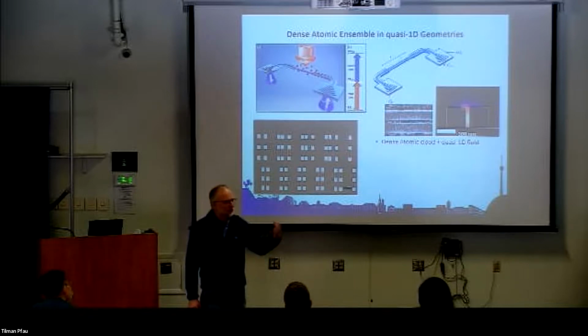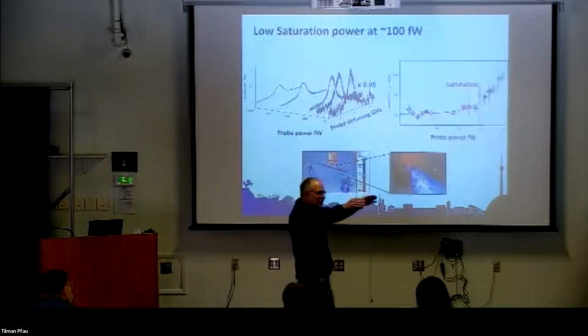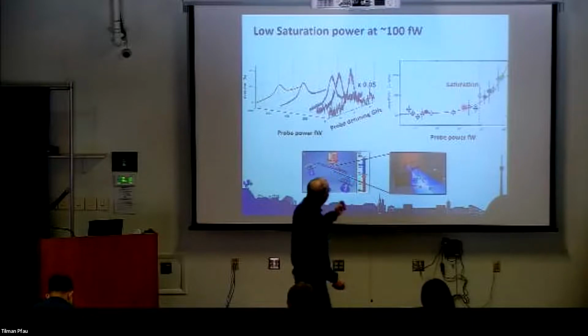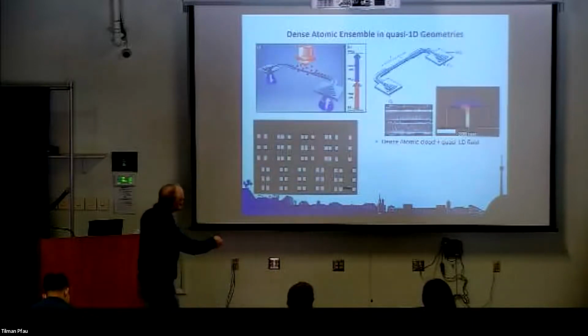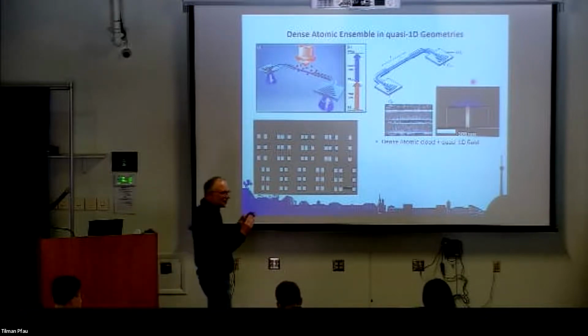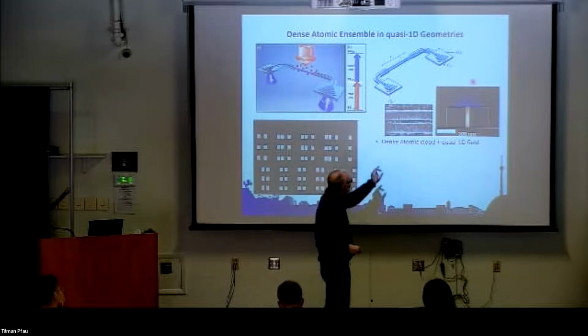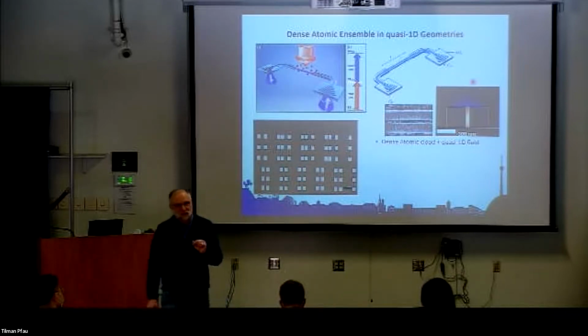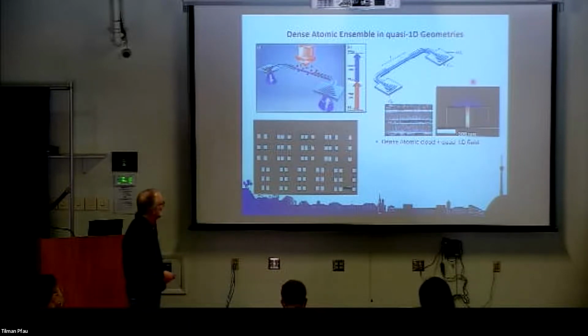Normally, what I showed you before, the atoms were just interacting with the evanescent field, and that is sort of the weakest part of the whole mode. Now we have a guiding structure that funnels the photon in that gap, and even enhances the field strength per photon that is going to interact with the atoms. That's called the Purcell effect.